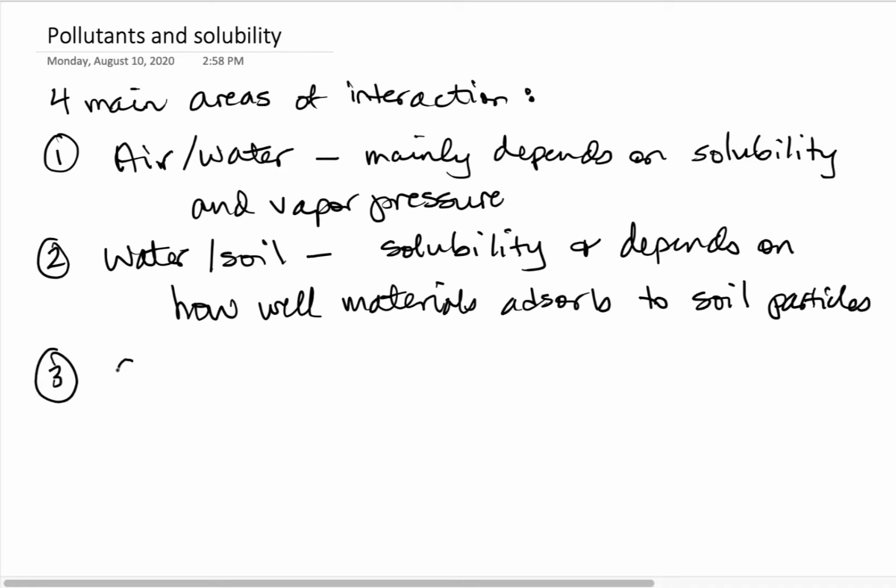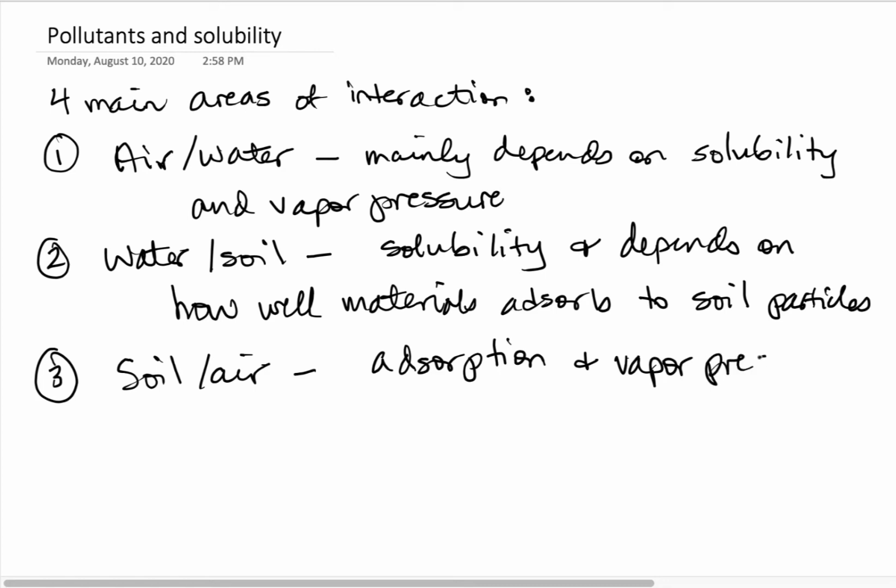So we also have the soil-air interface, and this is going to be due to adsorption, just like we said a minute ago, and also vapor pressure, because everything having to do with gases has to do with vapor pressure.